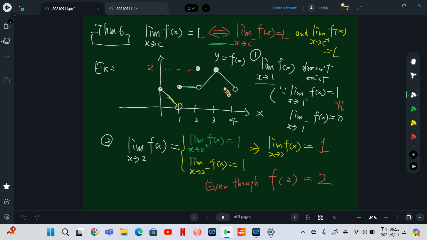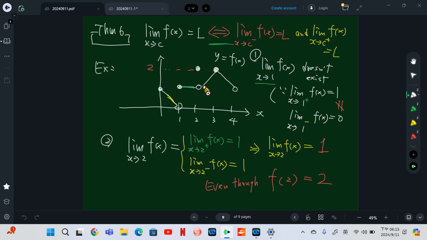So we can say the limit as x approaches 3 of f of x should be 2. And luckily, the function value is also 2. So its function value is the same as the two-sided limit. Then we will say it's continuous.